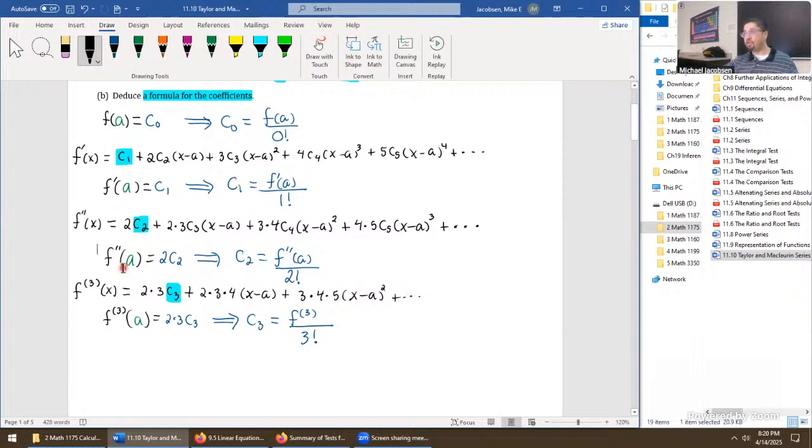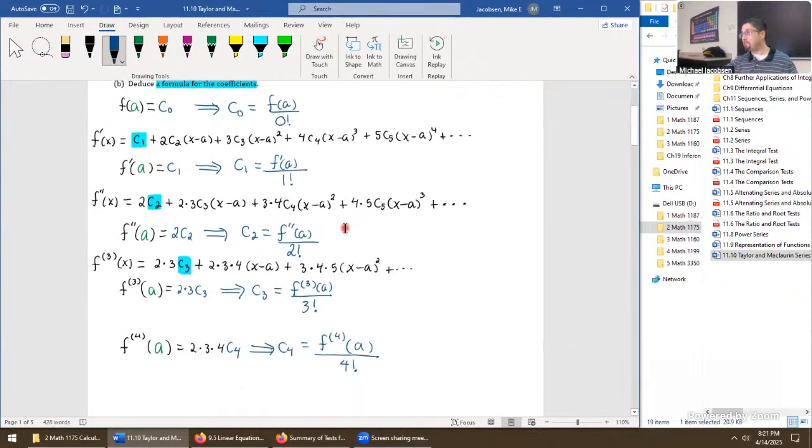If f prime is C1, f double prime is 2C2, f triple prime is 2 times 3 times C3, then the fourth order derivative of f at A, just matching the pattern right above, should be equal to 2 times 3 times 4, C4, which would then imply that C4 equals fourth order derivative at the center A, forgot that on the line right above, divided by 4 factorial. And again, the pattern is really, really striking.